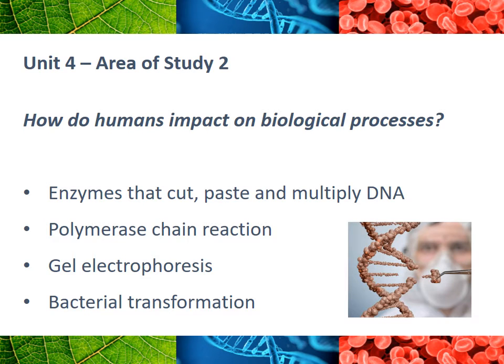In the last few lessons, we've looked at a few different biological processes that humans use. So we've looked at different enzymes. That was our restriction enzymes, our polymerases, and DNA ligase. We looked at the polymerase chain reaction, or PCR, which is used to amplify or make copies of DNA.